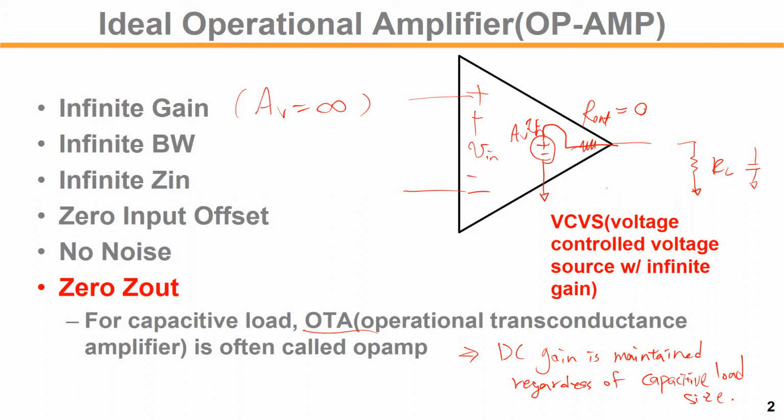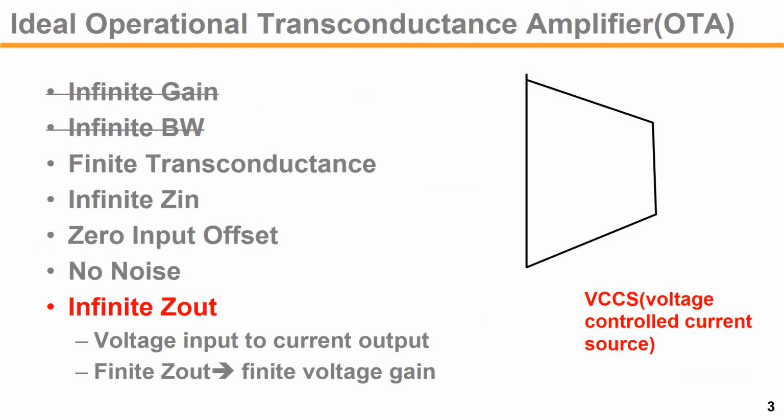We will see its symbol. The following is the operational transconductance amplifier. Its symbol is like this. You take the difference, and then its output is now the current, GM times V in. We have a finite transconductance.